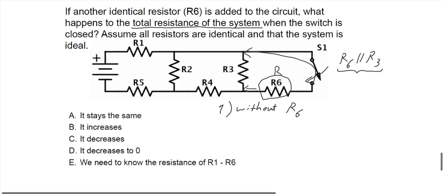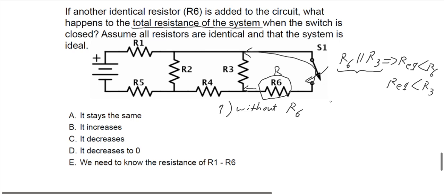And as we just witnessed in a couple of questions ago, when two resistors are parallel to each other, the equivalent resistor is less than each one of them. That's a very important decision that we're going to make here. If two resistors are in parallel, the equivalent resistor is less than each one of them.